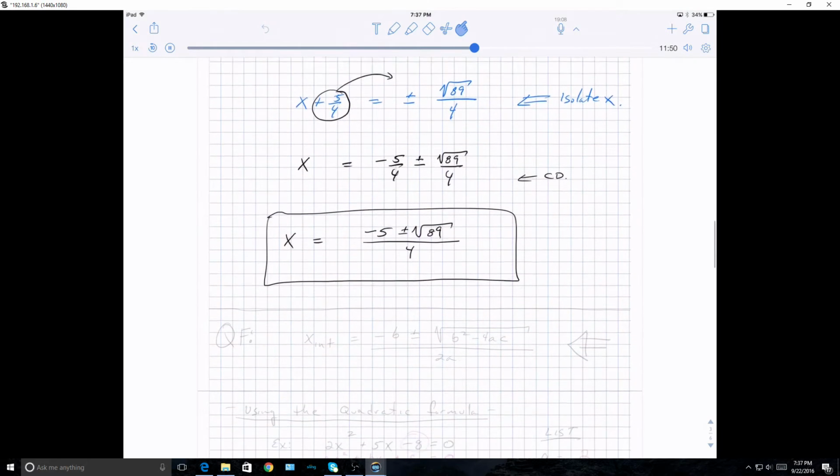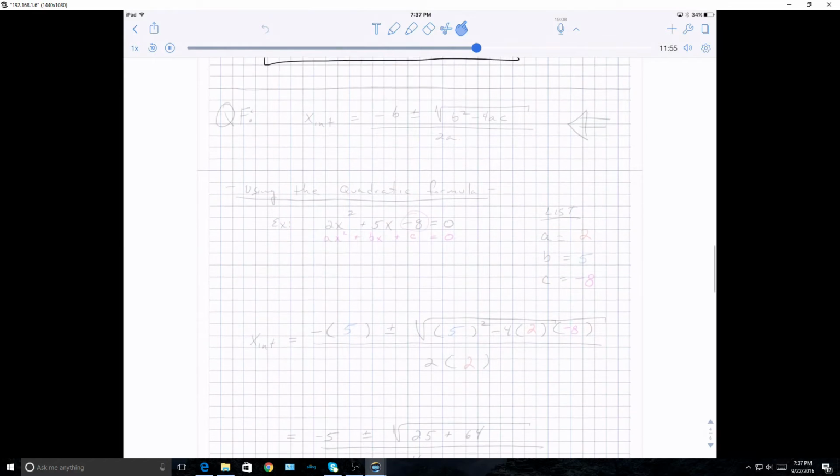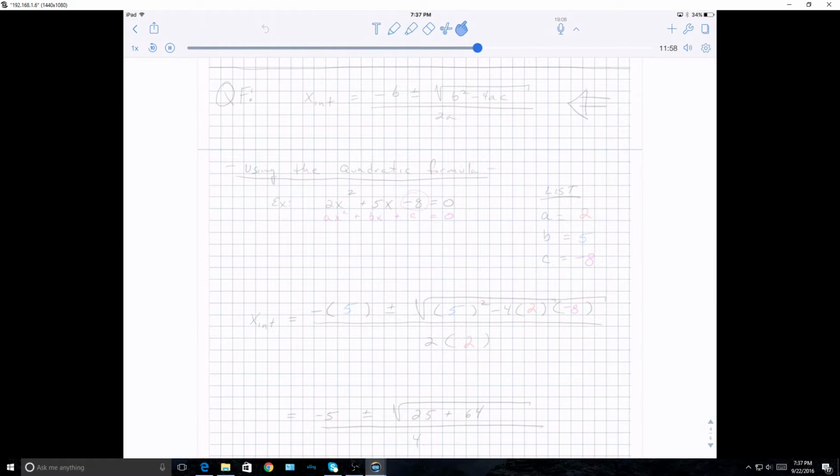Alright, now let's look at an example. We'll use the same example, but we'll solve it using the quadratic formula, which I have nicely located up here. Luckily for us it's in standard form, and all we have to do is make a nice little list and identify what A, B, and C are, and we'll use different colors for these.